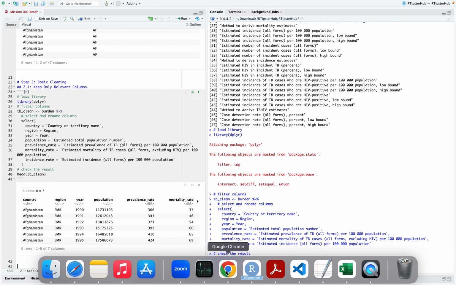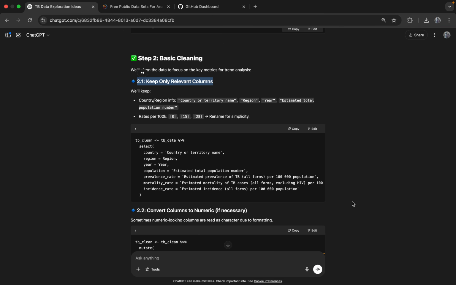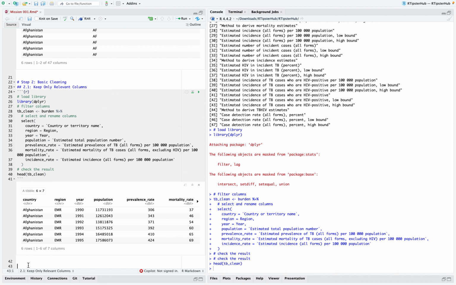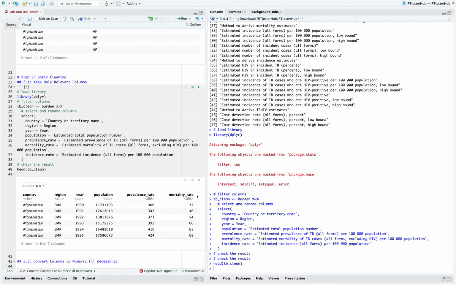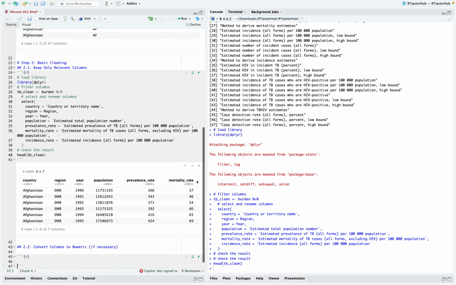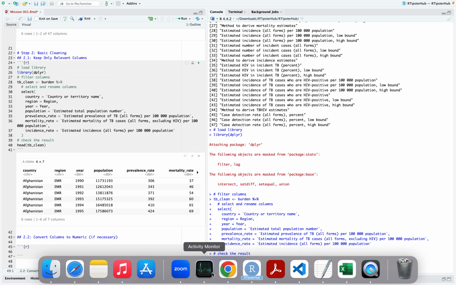If we move to the next step, so it works, it's good. We are looking at converting columns to numeric, and this goes overall. We can also convert some to what we call factor, which is similar to category.